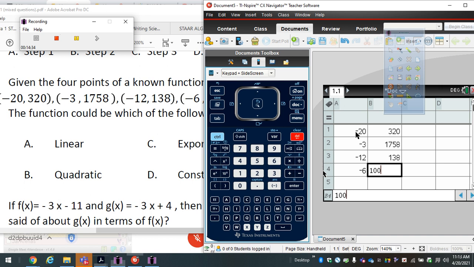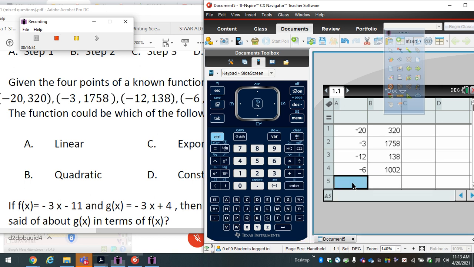You can kind of get a feel with this. What's this doing? The further left I am, the lower it is. The further right, the higher. Ooh, I don't know what this one is. This is ridiculous. Enter. Come over here. Okay, I got it.